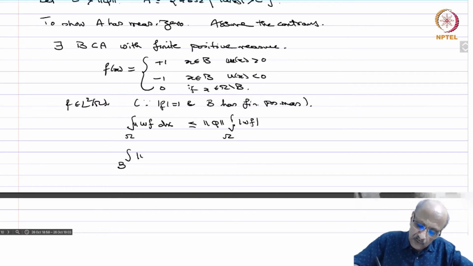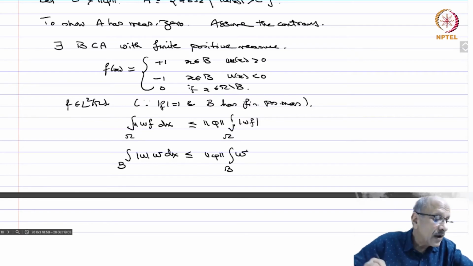So the integral of mod u w dx is less than or equal to norm phi times the integral on again B, because f is 0 outside, of mod w mod f. Mod f is less than or equal to 1, and therefore this is just mod w, and w is non-negative, and therefore I can just write w dx.